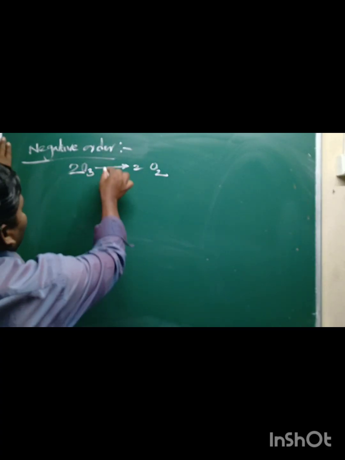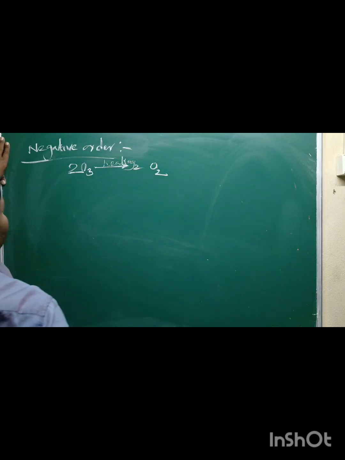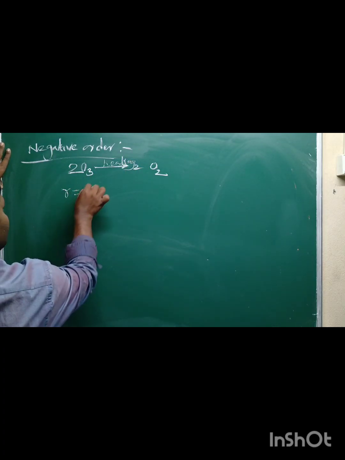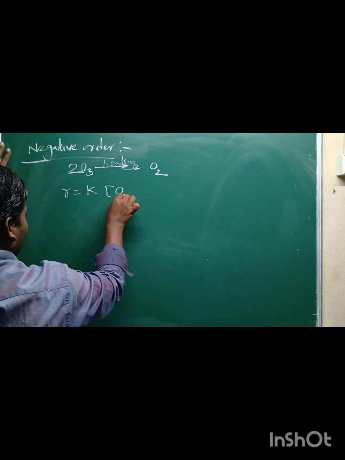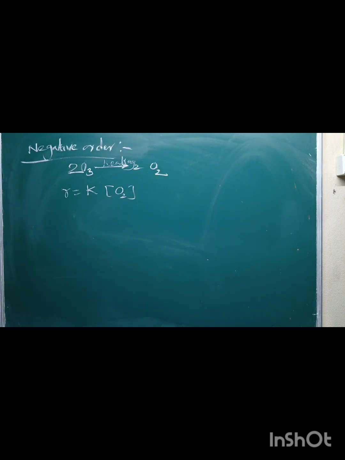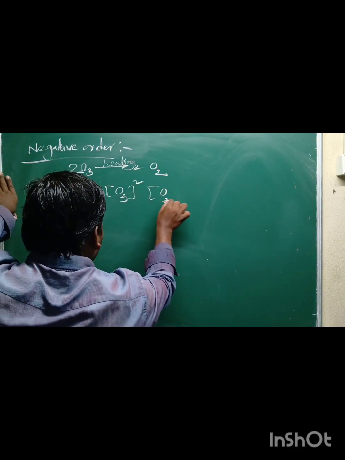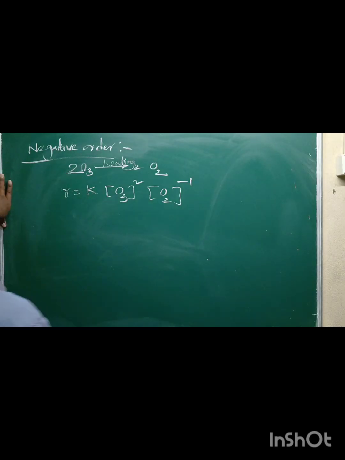Ozone on strong heating produces oxygen gas. Here R is equal to K into concentration of O3 power 2, concentration of O2 power minus 1.